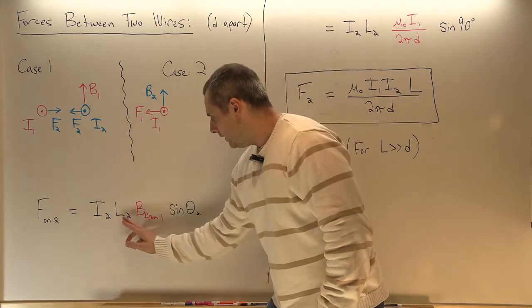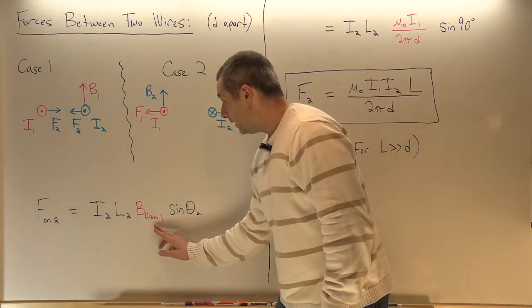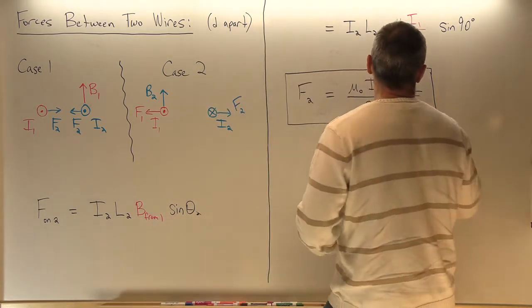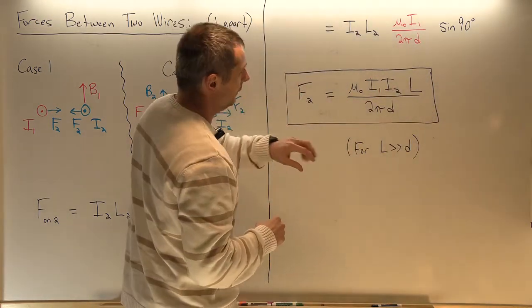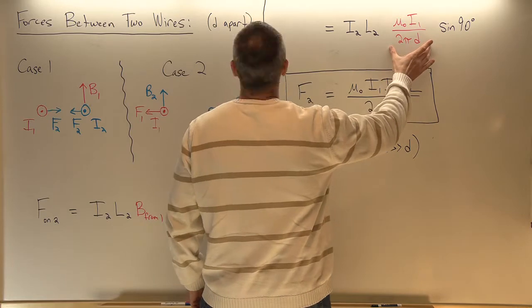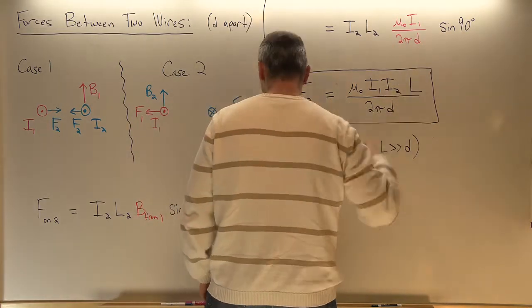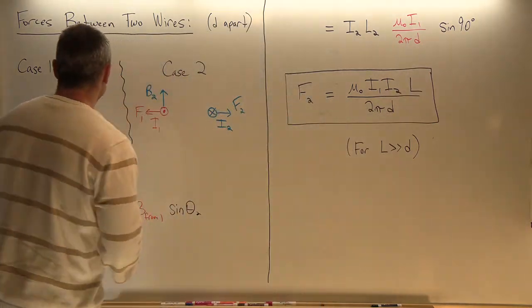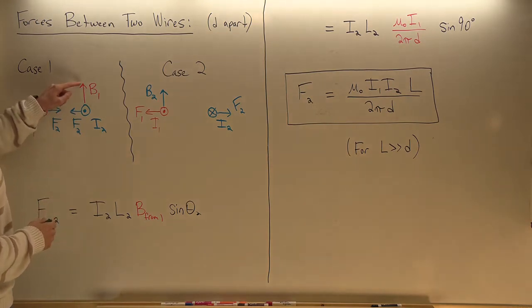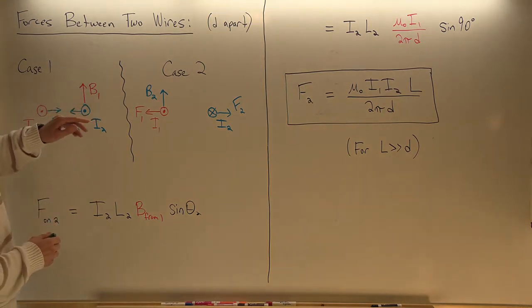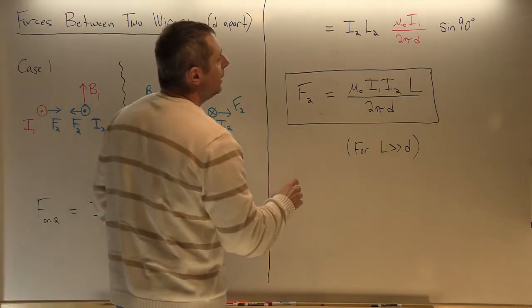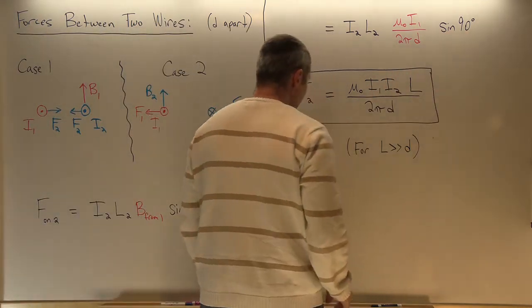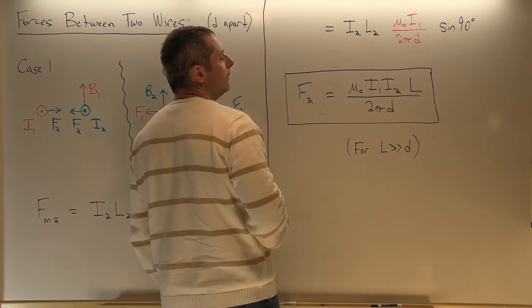Well, these stay, but the magnetic field from wire 1, that's mu 0 I over 2 pi r. Well, if they're a distance d apart, I'm going to use 2 pi d on the bottom. So there's the magnetic field from wire 1. And the angle between the magnetic field and the current, if you look here, here's the magnetic field, the current's coming right out of the board. That's 90 degrees from each other. This one or that one, same 90 degrees. So that just becomes 1. And then I just put everything together.